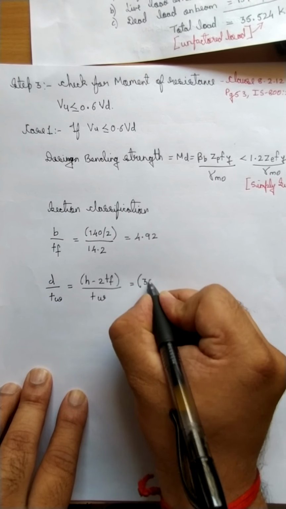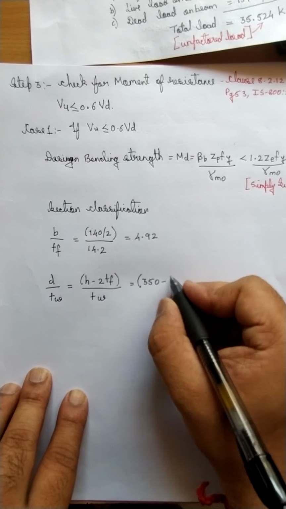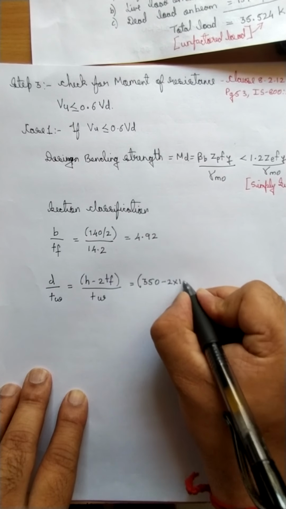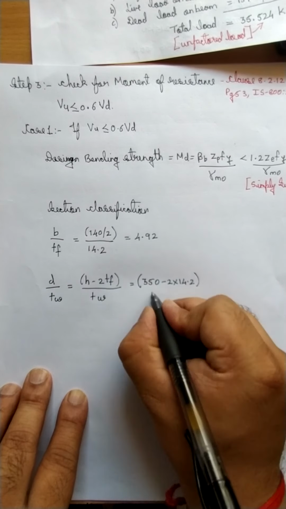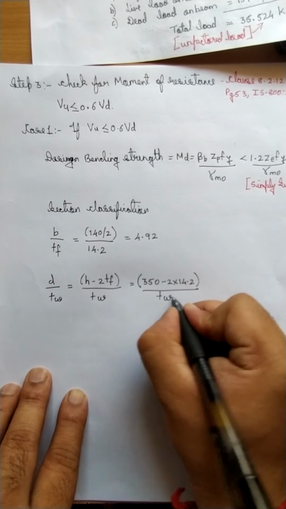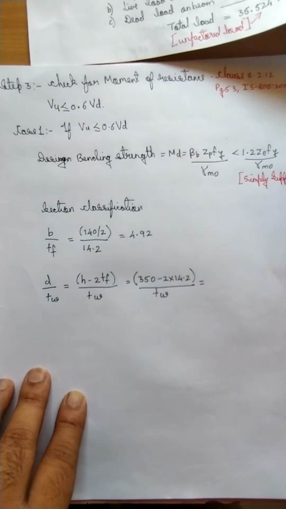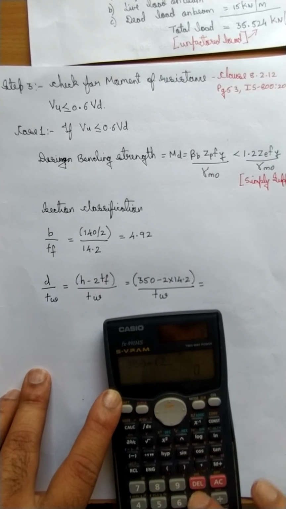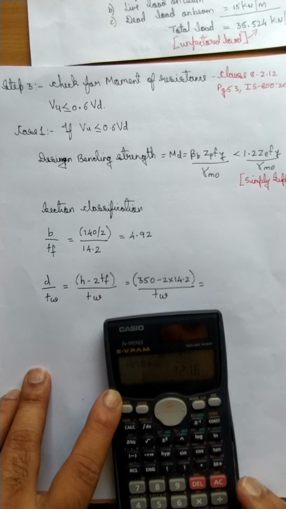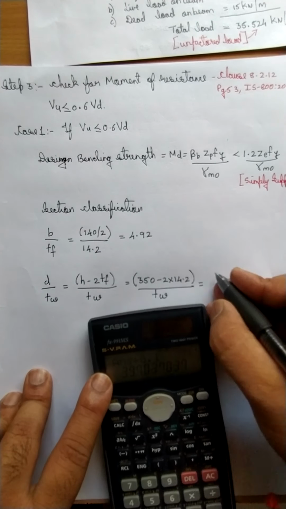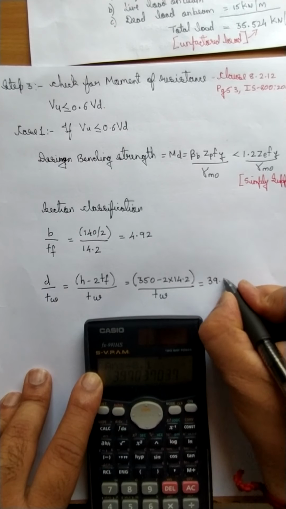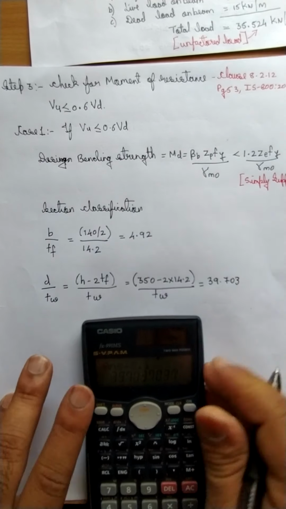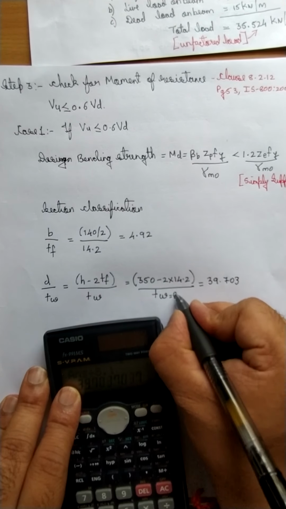H is the depth of the section minus 2 times thickness, we already know 14.2, divided by TW. So this is working out to be 39.703. TW is 8.1.